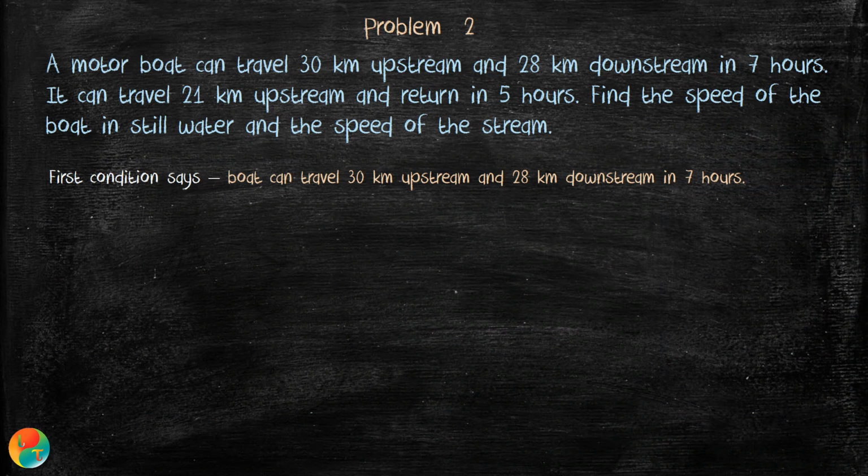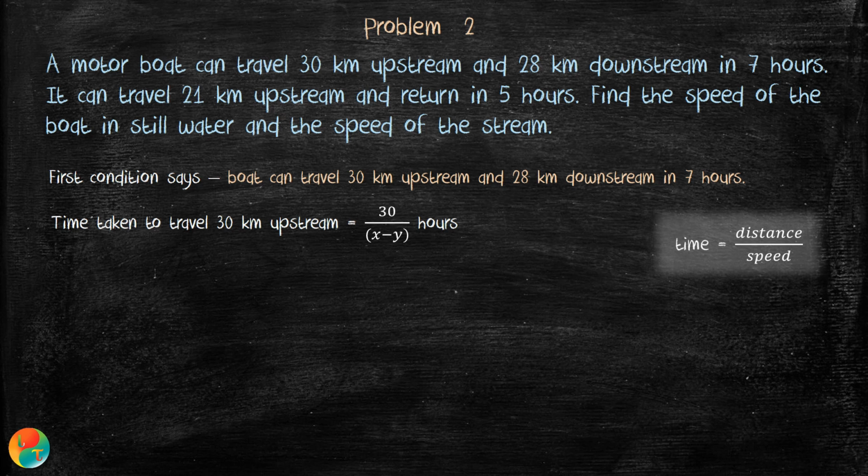The first condition says the boat can travel 30 kilometers upstream and 28 kilometers downstream in 7 hours. So time taken to travel 30 kilometers upstream will be 30 upon x minus y hours. Obviously I am using the relation, time is equal to distance upon speed, and since the boat is traveling 30 kilometers upstream, I am taking the upstream speed of boat, that is x minus y.